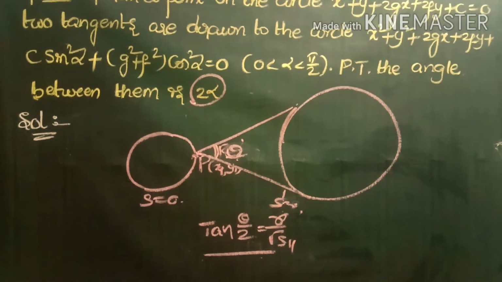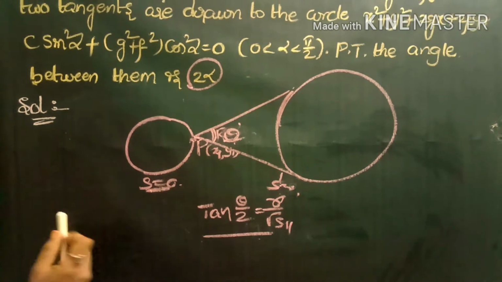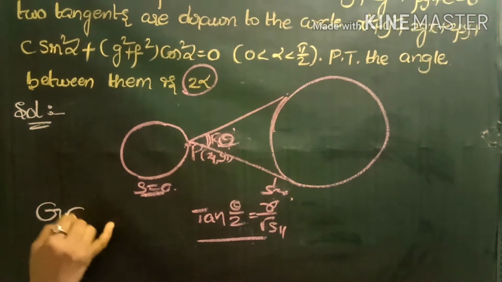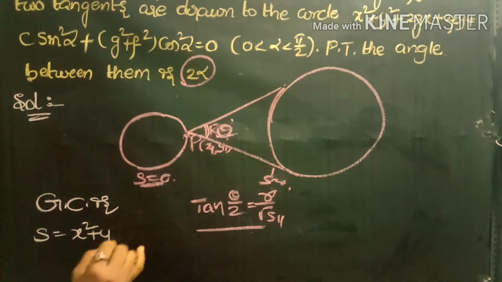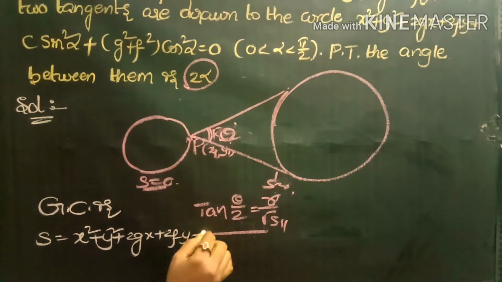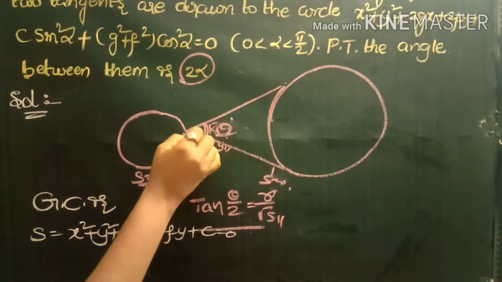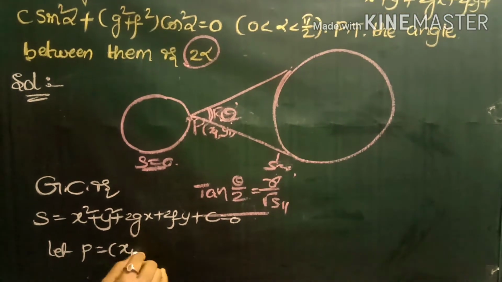For that, first we take the given circle equation. The first circle is S = x² + y² + 2gx + 2fy + c = 0, and on this circle we take one point P = (x1, y1).